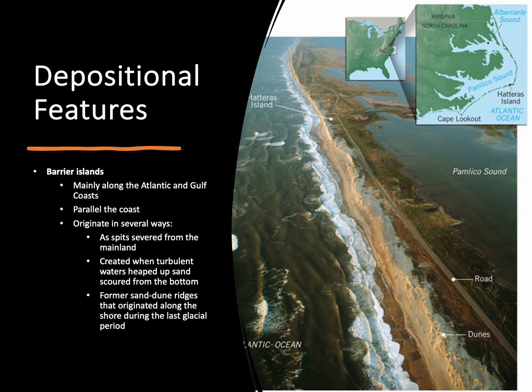And the third way formed during our last glacial maximum. That period 20,000 years ago when there was a whole lot of ice on our planet and sea levels dropped. This could have formed sand dunes along the edges of our coastlines.